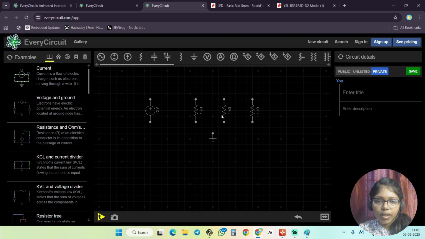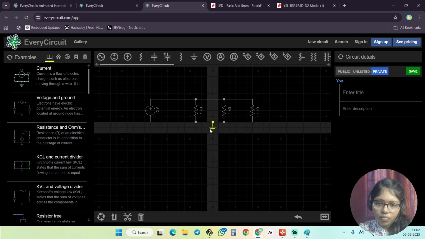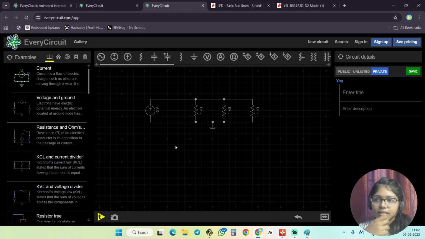This is 12 volt, and I've started to give the connection. It is a simple parallel connection.